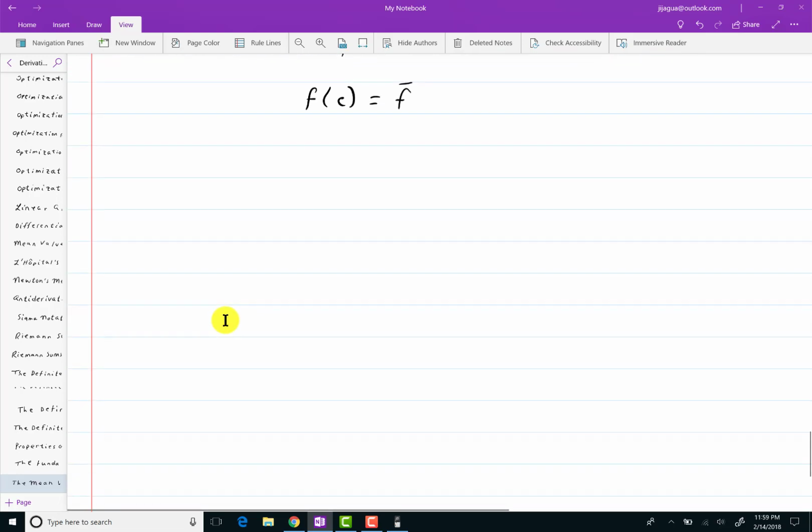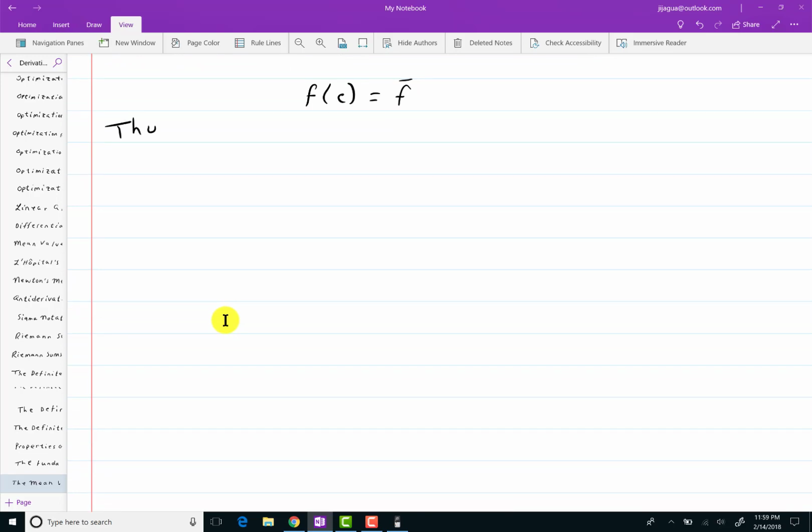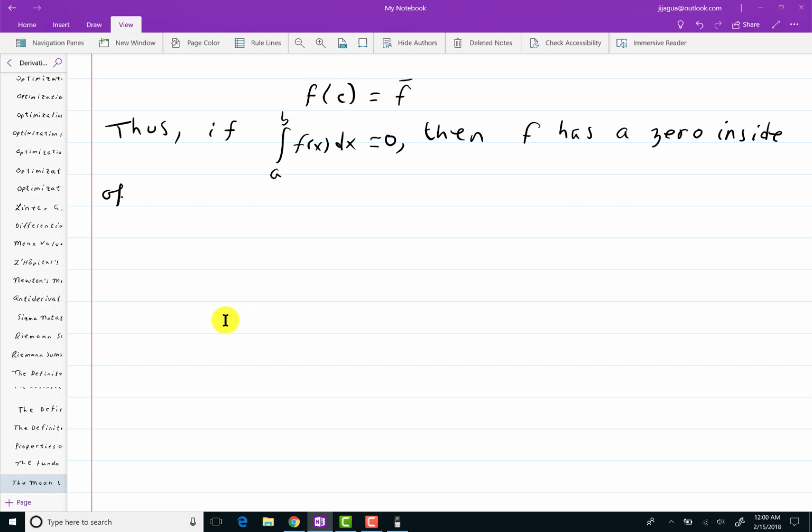Well, thus, we'll make this the big conclusion: if the integral from a to b of f of x dx equals 0, then f has a 0 inside of the open interval (a, b).